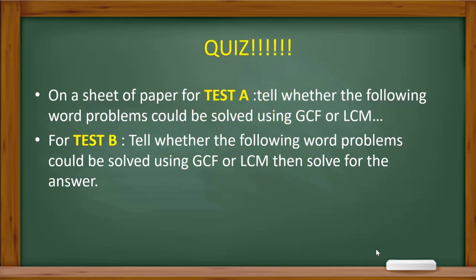It's time for the quiz. On a sheet of paper for test A, tell whether the following word problems could be solved using GCF or LCM. And for test B, tell whether the following word problems could be solved using the GCF or the LCM, then solve for the answer.